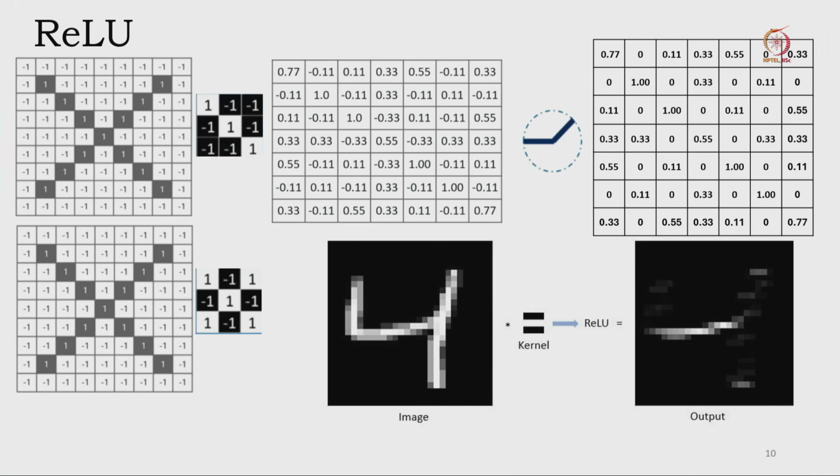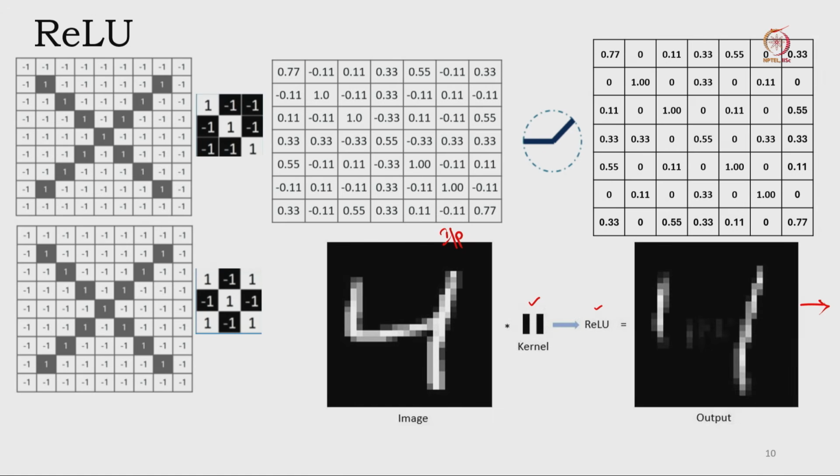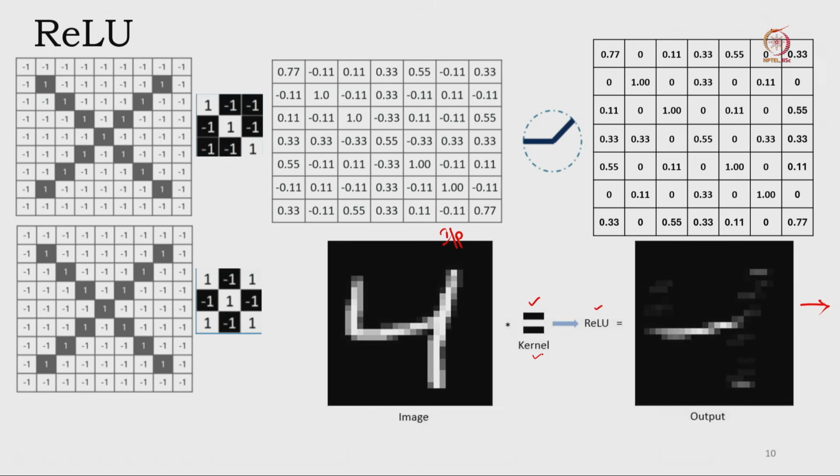When you look at this example, this is an input image that is first applied to a kernel, and when you pass it through a ReLU, this is the output that we are getting. For the same input, if you change the kernel and apply ReLU, this is the output that we are seeing. Can you see the difference?